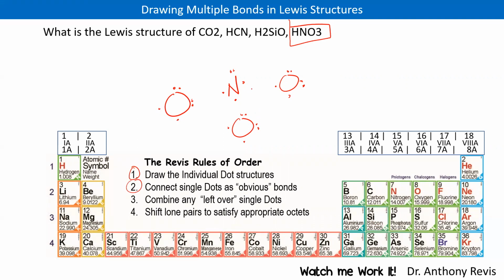I'm just going to distribute this around because it looks like it makes sense, right? So I'm going to go 1, 2, 3, 4, 5, 6 here, and then I'm just going to put another one over here. 1, 2, 3, 4, 5, 6. I always use this pattern every time. That way it gives me an idea of what the initial connectivity might be. That's rule 1 taken care of.